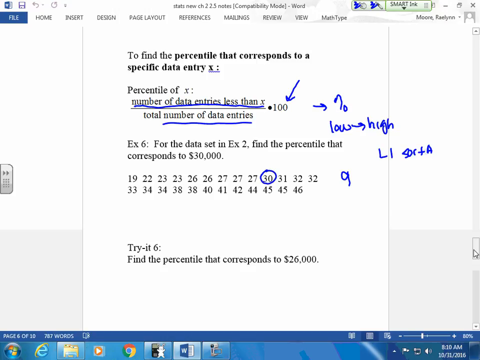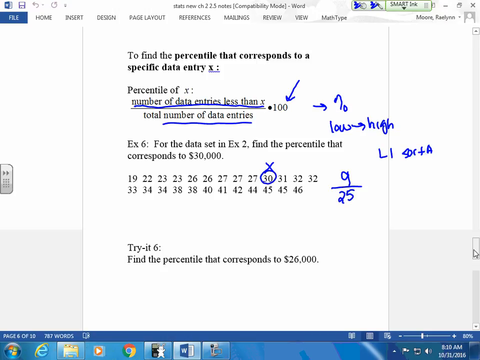I'm going to put it over the total number of entries. Count how many entries there are. So that was 9, 10, 11, 12, 13, 14, 15, 16, 17, 18, 19, 21, 25. Part over whole. Do not count this one. I want the number that corresponds to less than that.